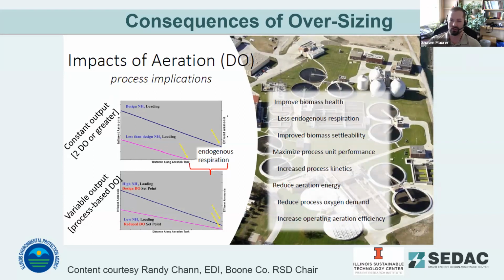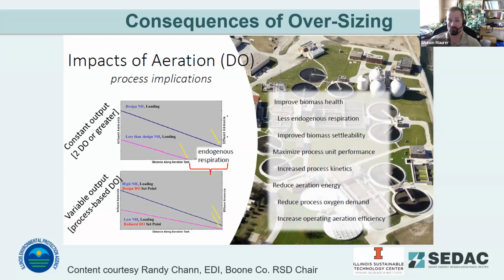The bottom chart is showing variable output, process-based DO, where the DO set point is adjusted based on the loading coming into the basin. And so that full basin volume ends up being used for the initial BOD oxidation without some of these negative impacts. It improves your biomass health. You have less endogenous respiration within the basin, which improves some of your biomass settleability in the clarifiers.